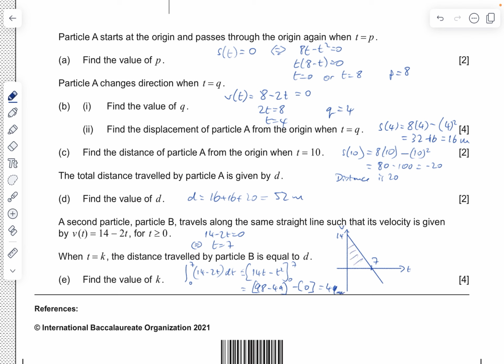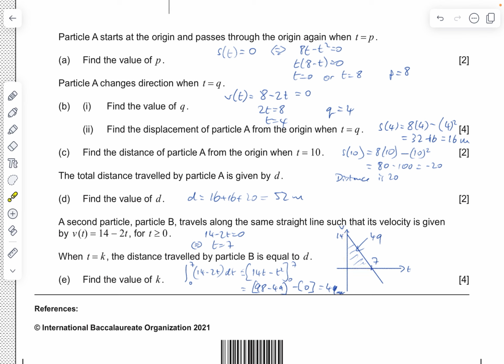So the area under this curve is 49. I could have done that by doing 7 times 14 and then halving it to get the area of a triangle. In fact, that looks a lot easier.